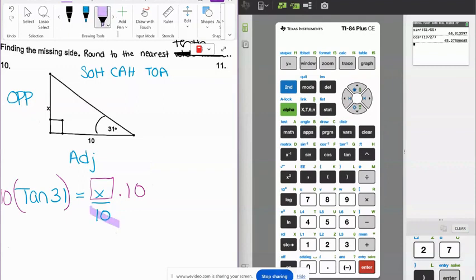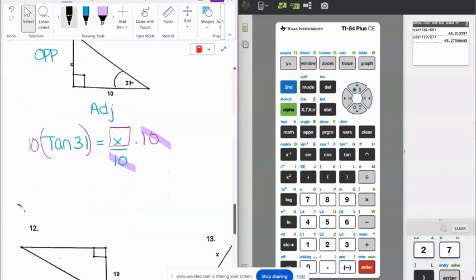So here the 10's cancel, Sebastian. And what we end up with is x is equal to 10 times the tangent of 31. And this is what we type into our calculator.